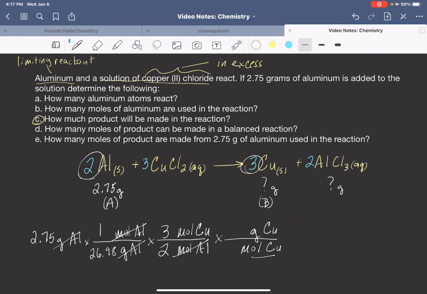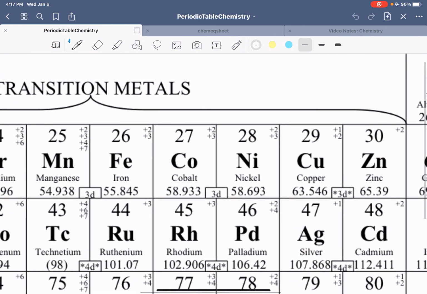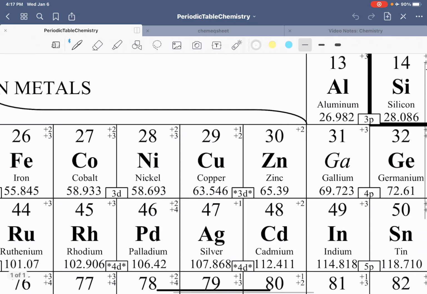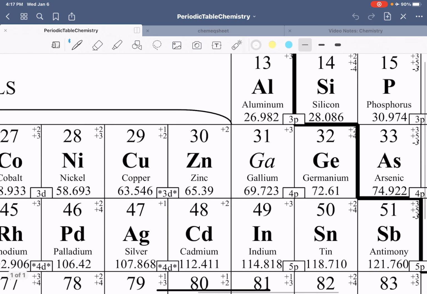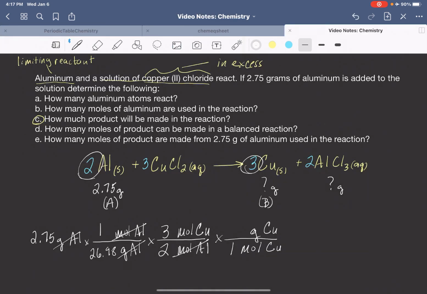This is moles of B, grams of B. Okay? 1 mole of copper, we go back to our periodic table, we find copper, and we can see right there 63.546. Let me slide that over for you. 63.546, so we'll go with 63.55, right? So that would be 63.55 grams per mole of copper, and the moles are gone.